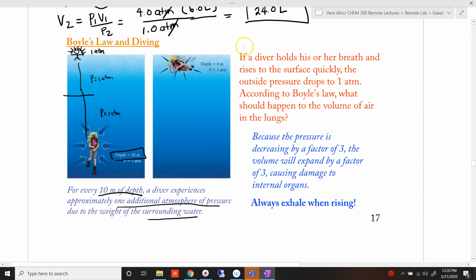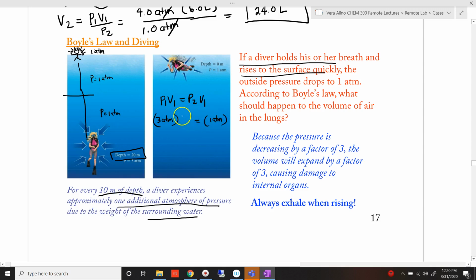Now, say for instance, you hold your breath and then you resurface quickly. What will happen to your lungs? We're going to explain that by using Boyle's law. Originally you're down here. The pressure is 3 atmospheres, and when you resurface, the pressure is now 1 atmosphere. So it went down to 1 atm.